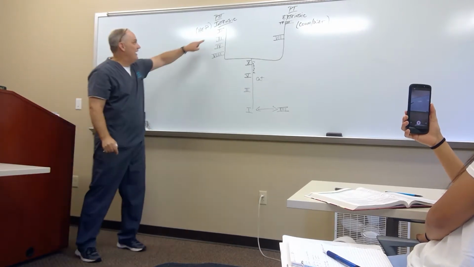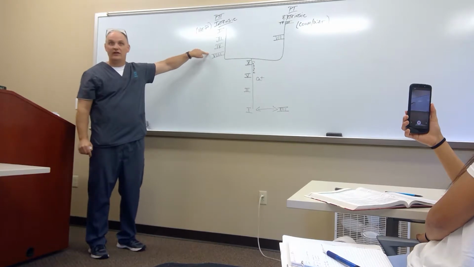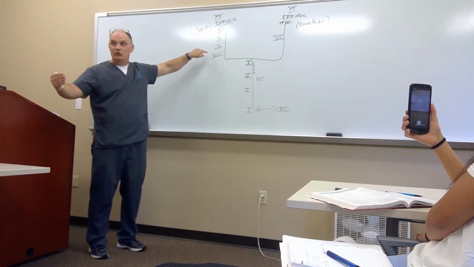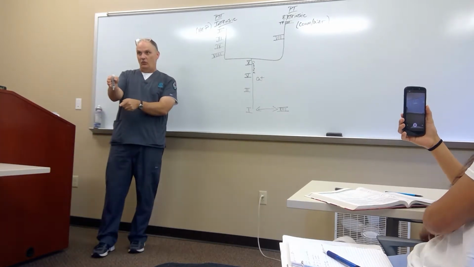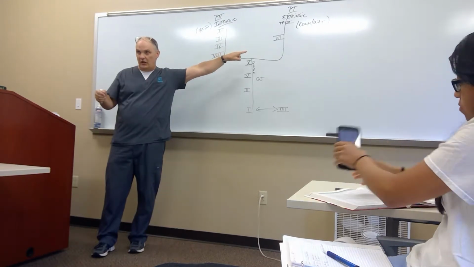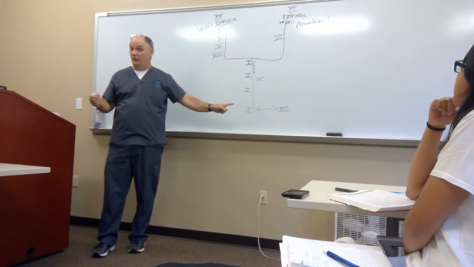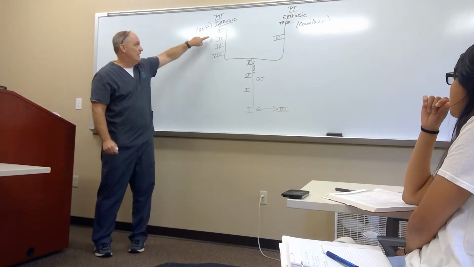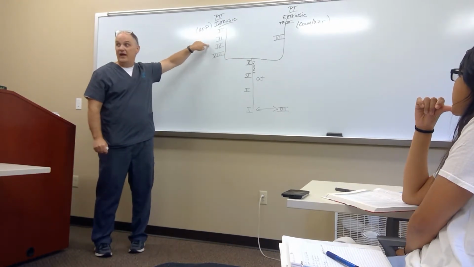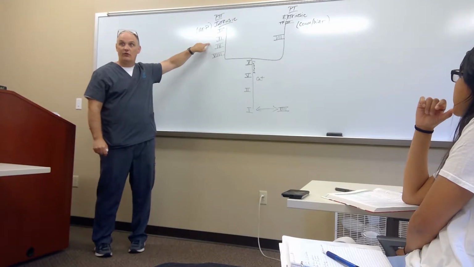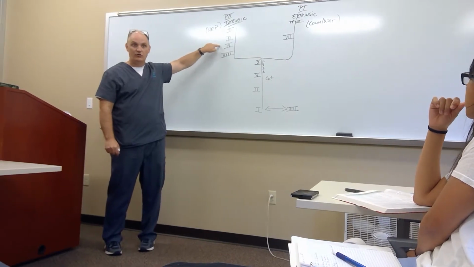I'm going to have one of these factors there, but I'm banking that you go, okay, the PTT is abnormal, the pro time's normal, so it's not over there. And if the pro time's normal, it's not in the common pathway, right? So you'll have to look at your multiple choice and pick out which one's over here. Again, draw this field goal post so you can refer to it.